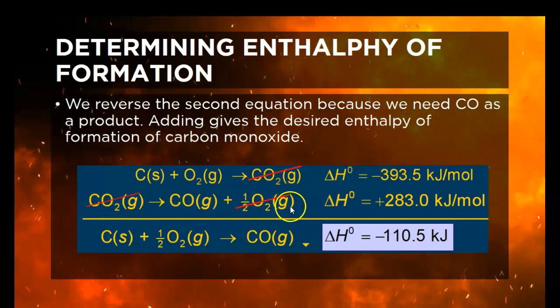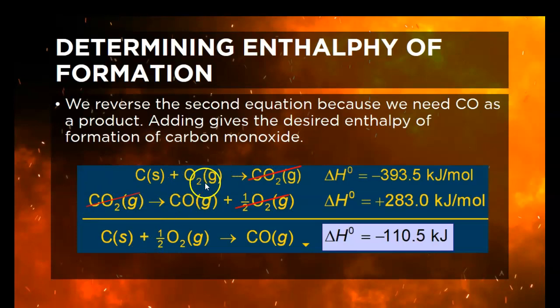Instead of CO plus a half O2 yields CO2, they made it CO2 yields CO plus a half O2. And when they reversed the equation, they also reversed the sign, going from negative 283 to positive 283. Now when we add these two equations together, there's a CO2 on the right and a CO2 on the left, so those cross out.